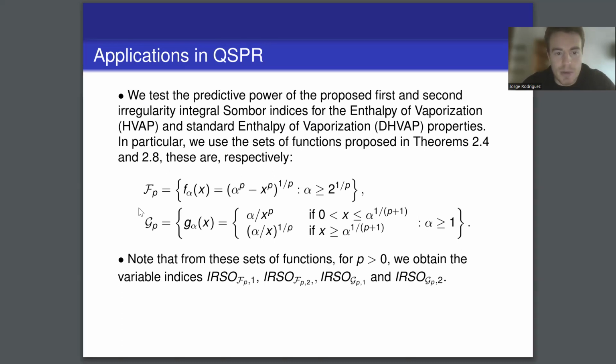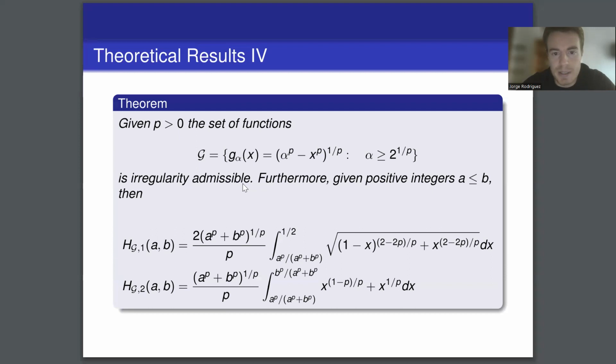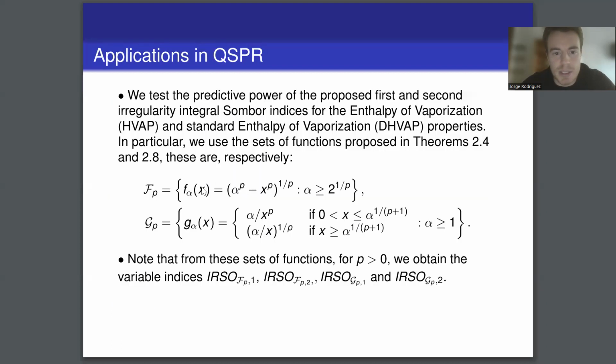The set of functions f has the particular functional form alpha to the power of p minus x to the power of p, all to the power of 1 over p, for alpha bigger than 2 to the power of 1 over p. And the g set of functions is equal to this set of functions here.